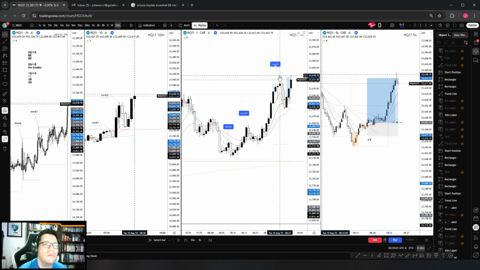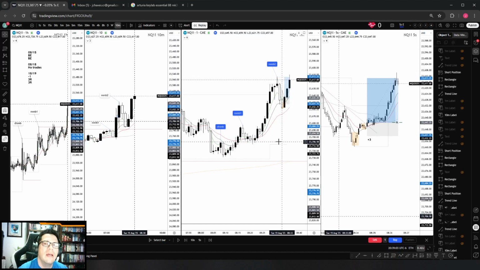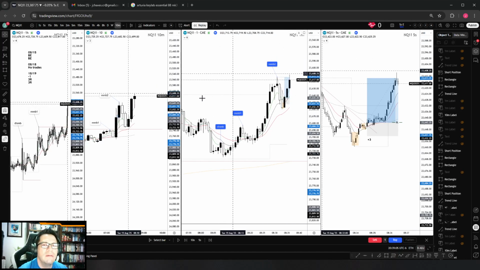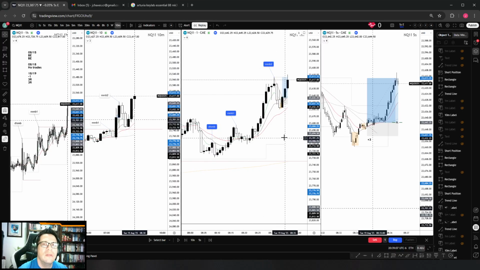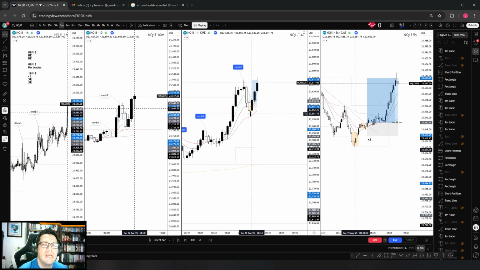After that we had this flush here as part of this bearish cycle on the validation. This flush came down into the 10 EMA and a little bit below.